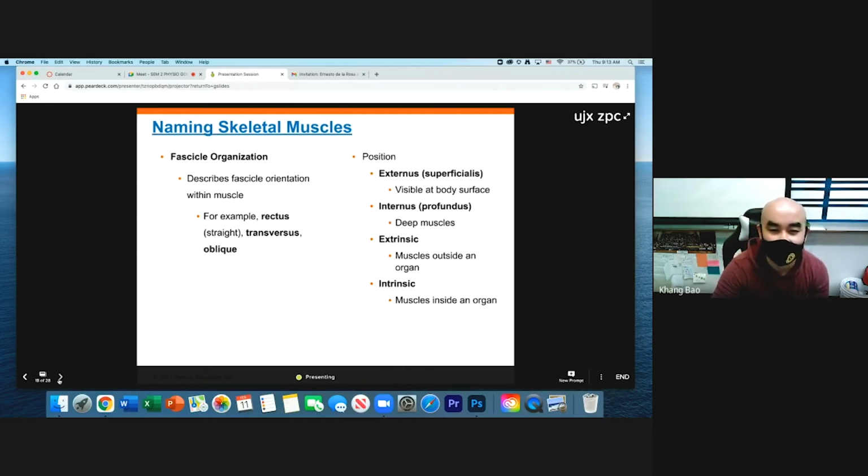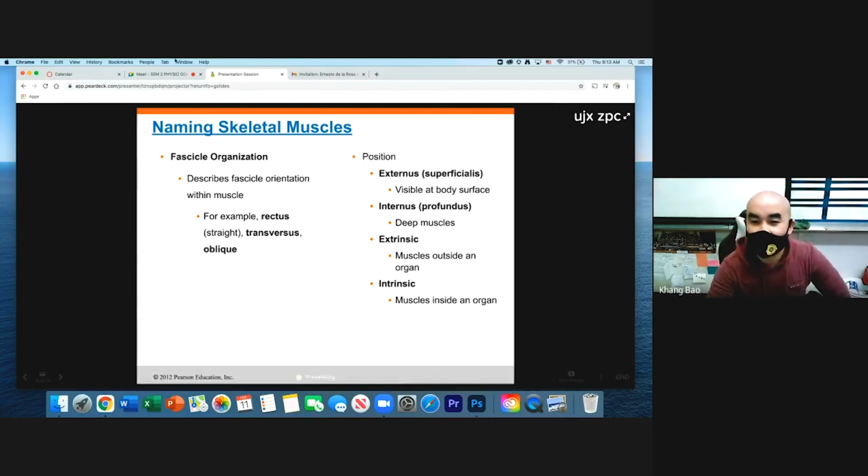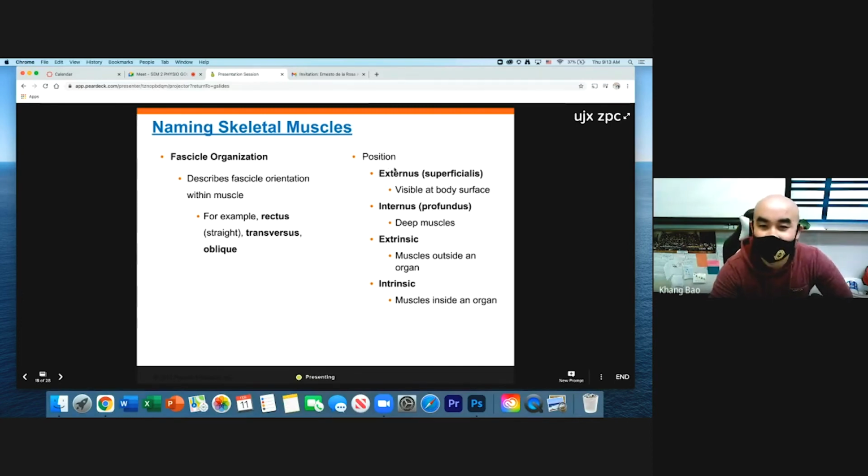Fascial organization is how the muscle fibers, the cells, are structured. You can name them by position: externus, outside; internus, inside; extrinsic, muscle outside an organ; intrinsic, muscle inside an organ, and so on.